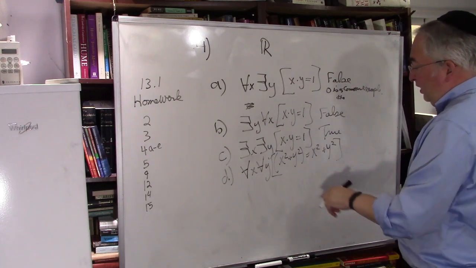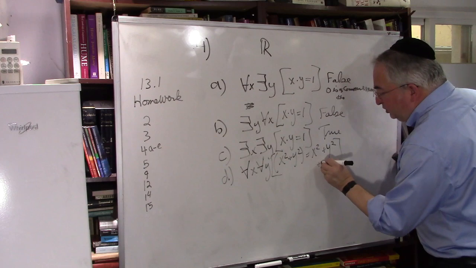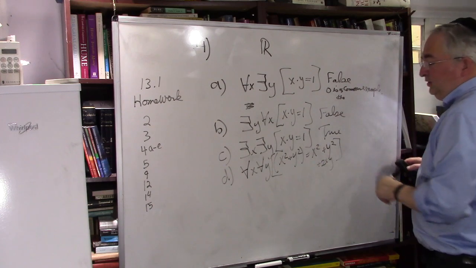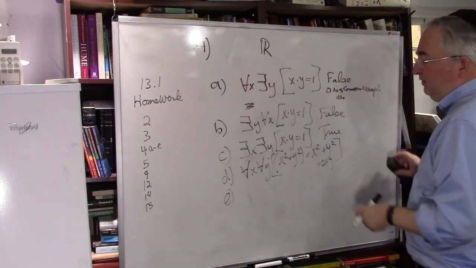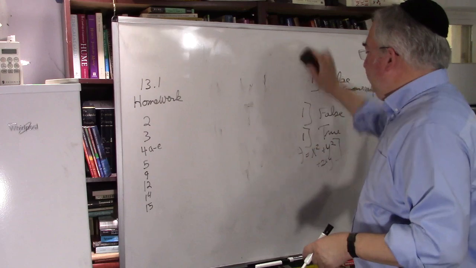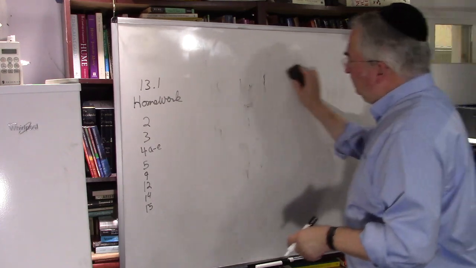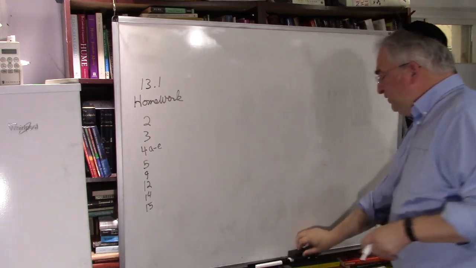Why is it false? Because it's not true. We did this. You need a plus 2xy in there to be true. Okay, and E we did in class, so we're going to leave that alone. Great. Let's do number 5. The answer to E was 0 is the counterexample.